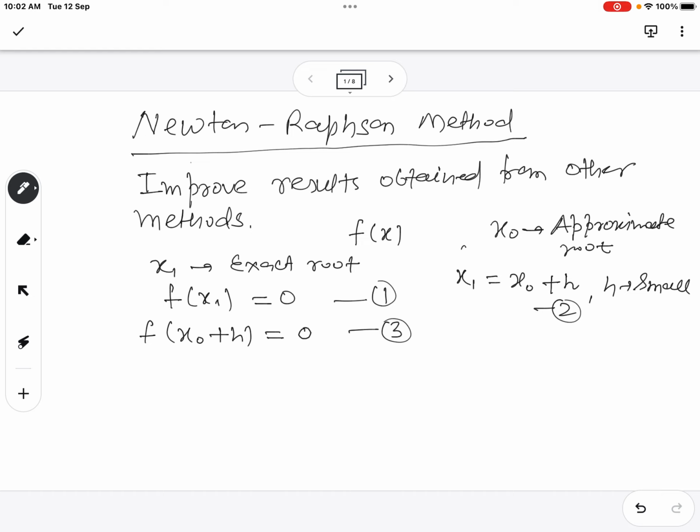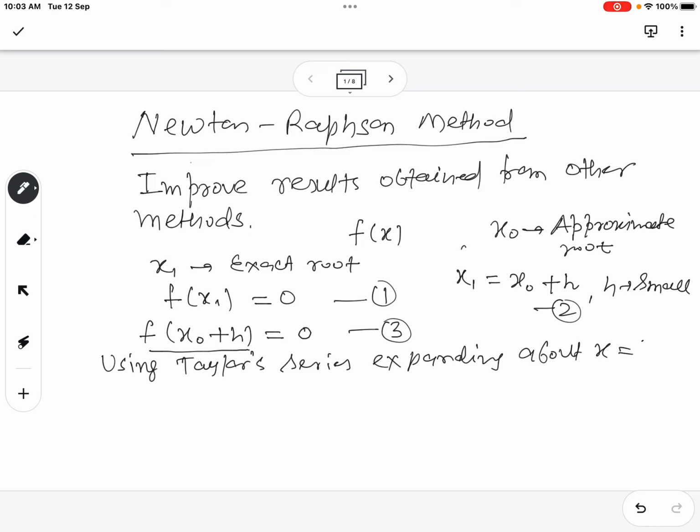Now using Taylor's series, I expand this function about x equal to x0.